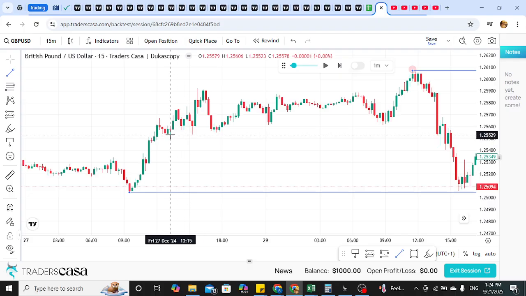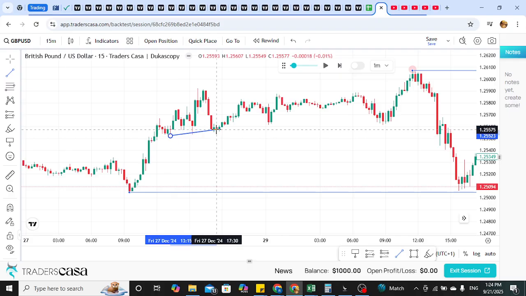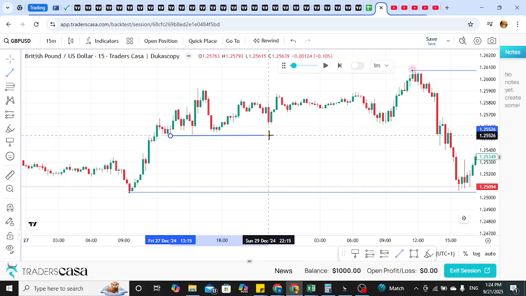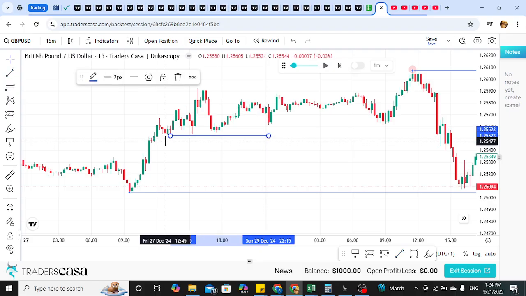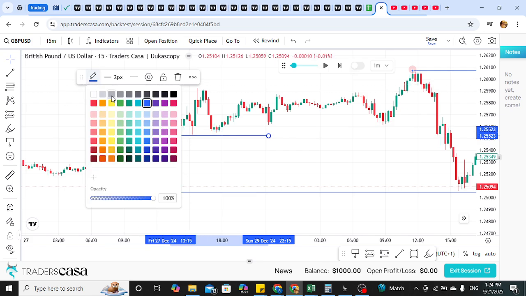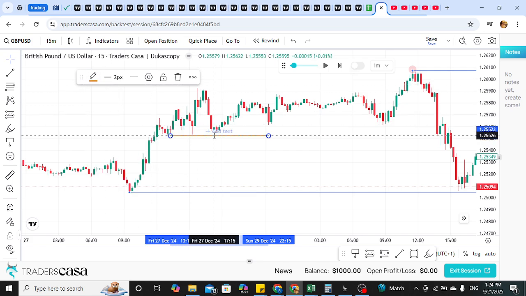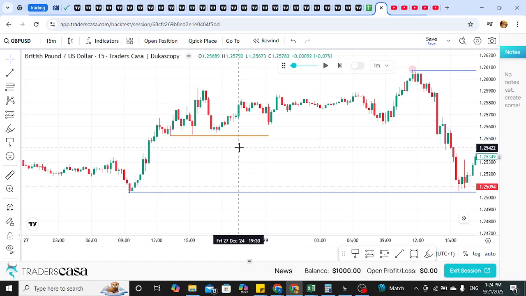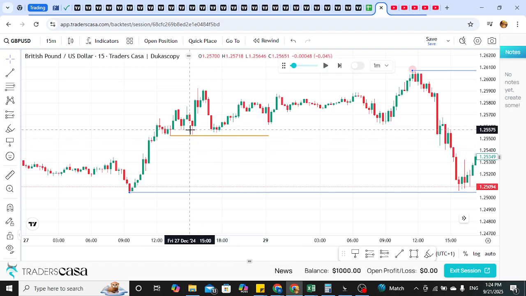Okay, so let's take this low, 25.52.3. And this will be the inducement, 52.3. So it wasn't hit. Let's change the color. It wasn't hit by this candle, and it went upward.